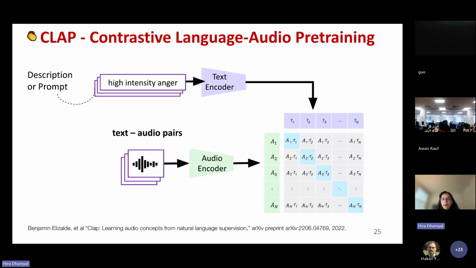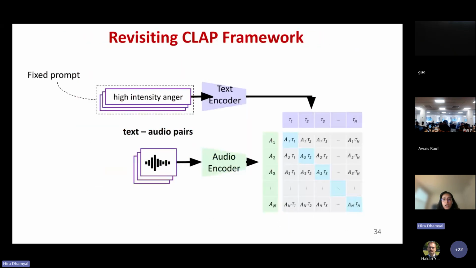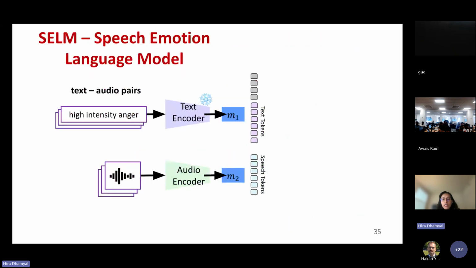And you see this methodology all over the place when you have less data at hand and you want to fine tune. Similarly, in the SELM model, that's also what we do. We freeze parts of the text encoder and the audio encoder, and we only fine tune the smaller parts of the model, a few layers, on the emotion data set.